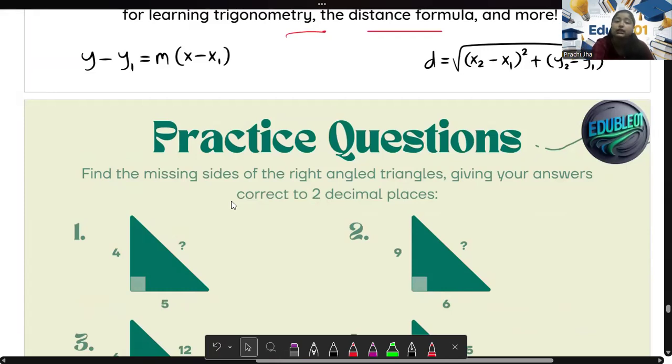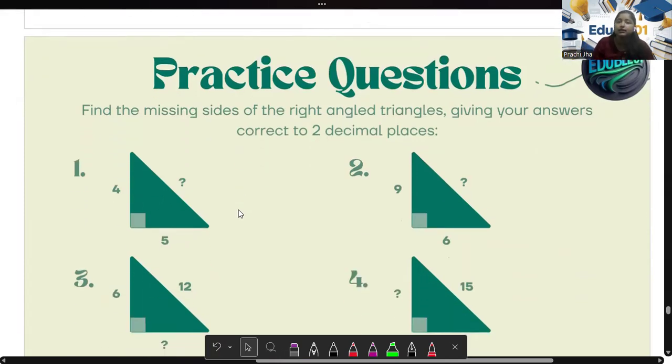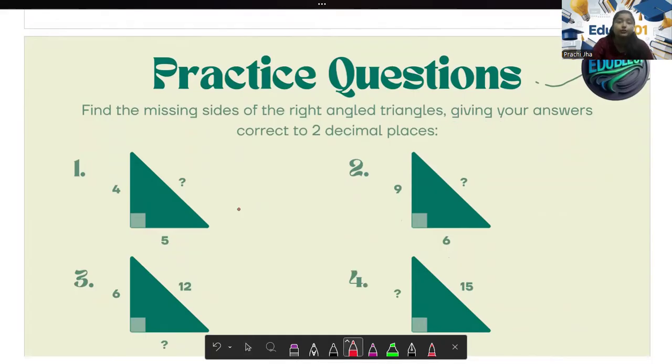Now let's try to find out the missing side. You know that the hypotenuse square is equal to p square plus b square. Hypotenuse square is equal to 4 square plus 5 square, that is 16 plus 25.